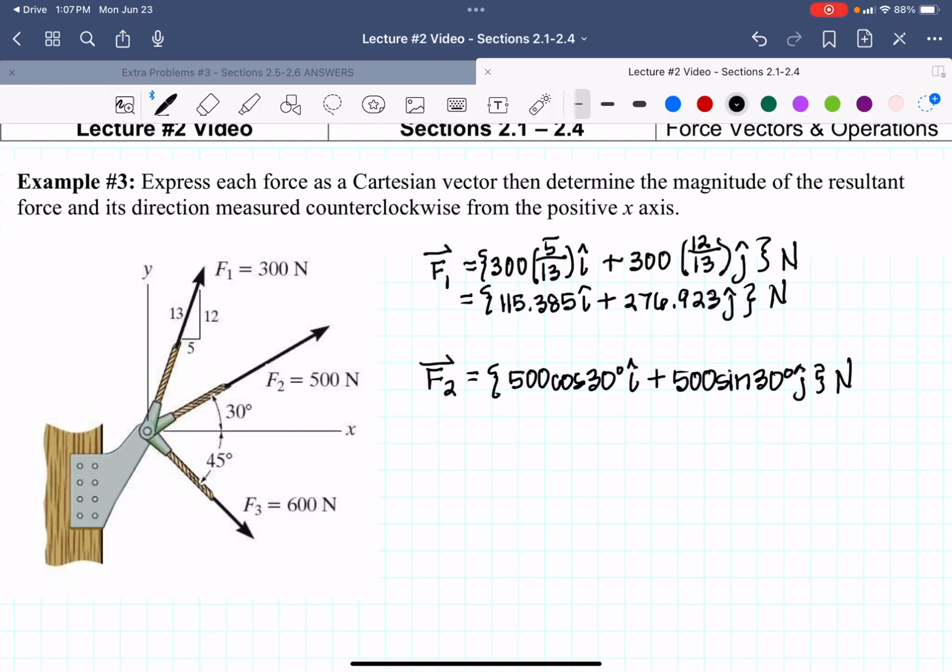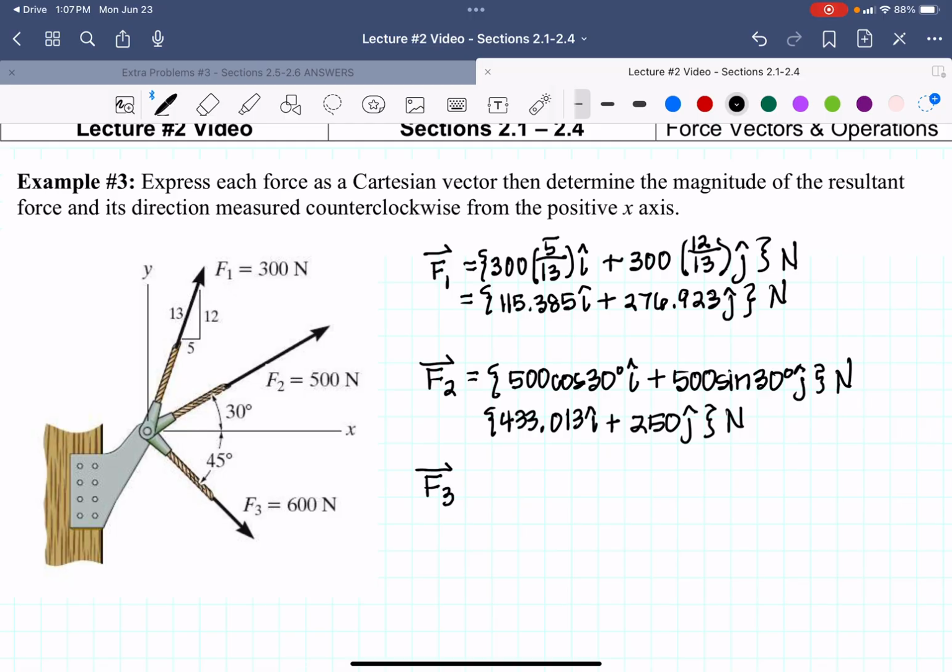So that's going to get us 433.013 in the I-hat plus 250 in the J-hat newtons.